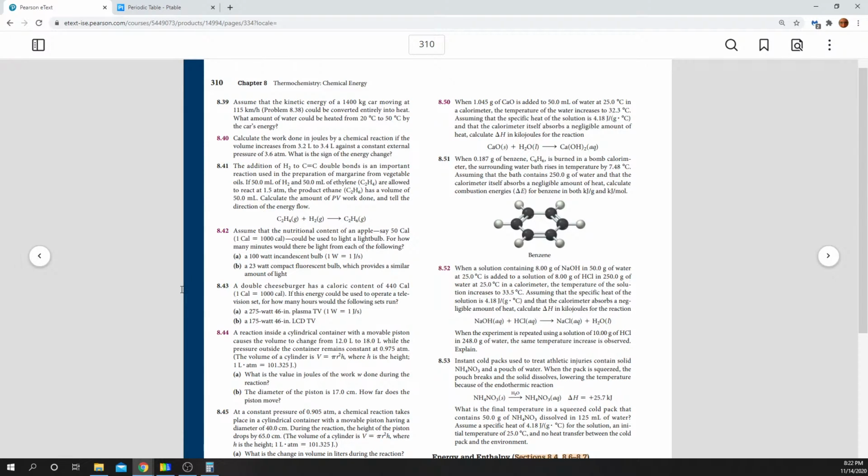All right, so negative P delta V. It's expanding, so it's going to be doing work, so the sign of the change is negative. So it's going to be 3.6 times 0.2, which is 0.72 liter atmospheres, times 101.325 joules per liter atmosphere.